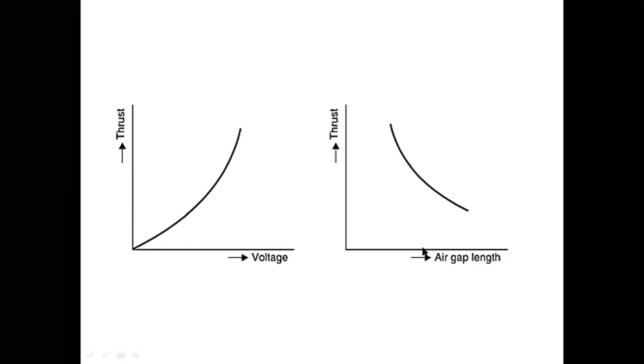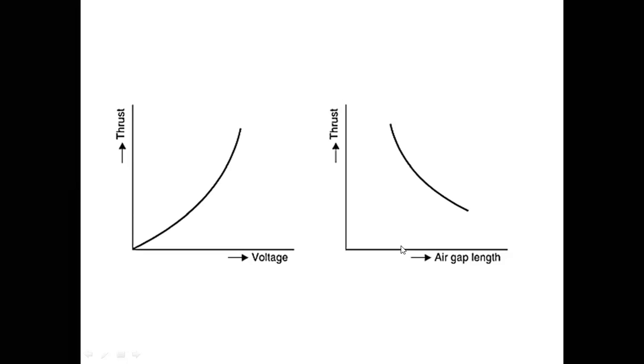And with respect to air gap length, whenever the air gap length between the primary and the secondary increases further, what should happen? If the air gap length is this much in mm, there is no much difference, and the thrust force should be this much value.